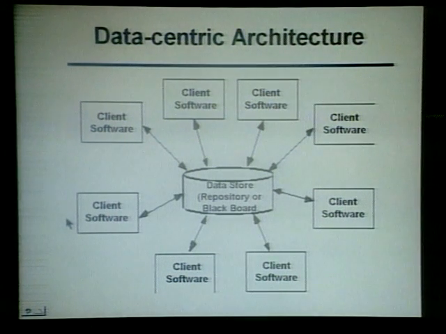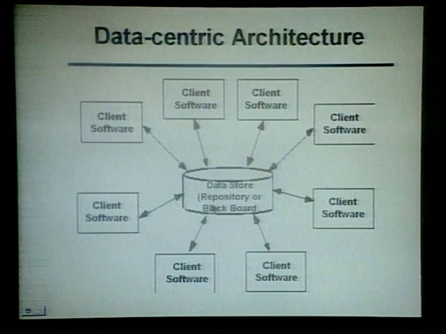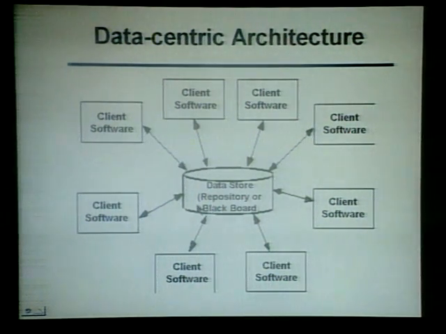The first style we are going to discuss is called the data-centric architecture or repository model. In the repository model, in the center, we have a data store, a repository, or the blackboard, and various client software or modules interact with the common repository.